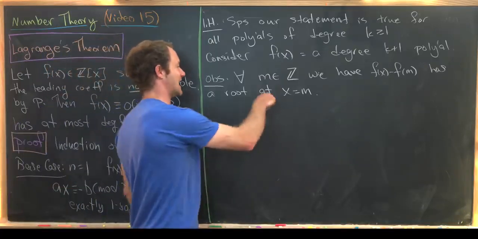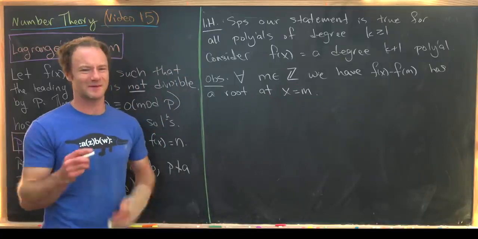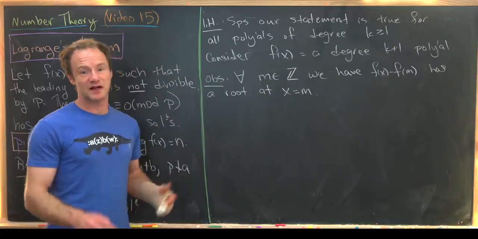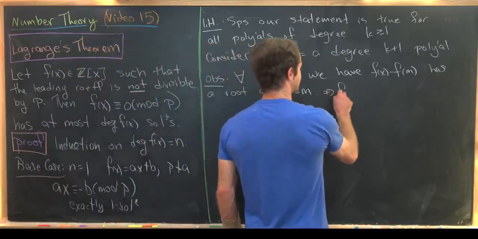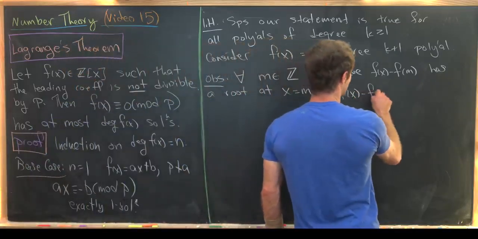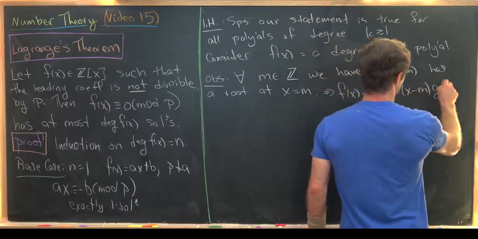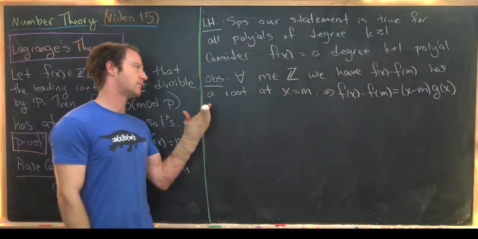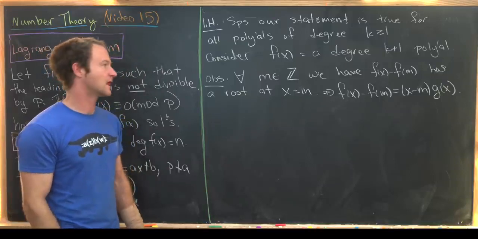The fact that it has a root at that point means that we've got some sort of factorization theorem. And again, this is from an algebra class that you've probably taken earlier in your life. So that tells us that we can factor f of x minus f of m as x minus m times g of x. Again, that's part of what it means to have a root at x equals m.